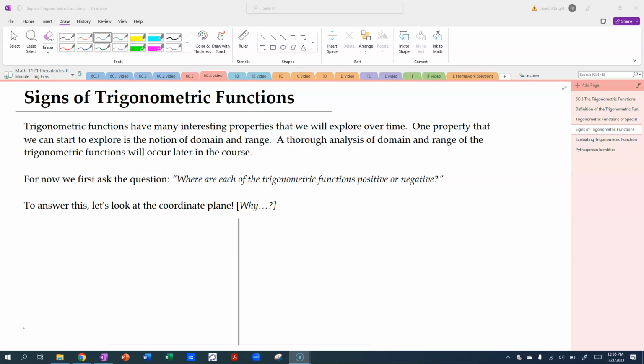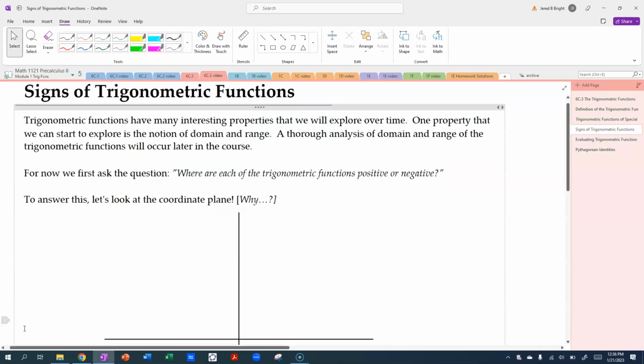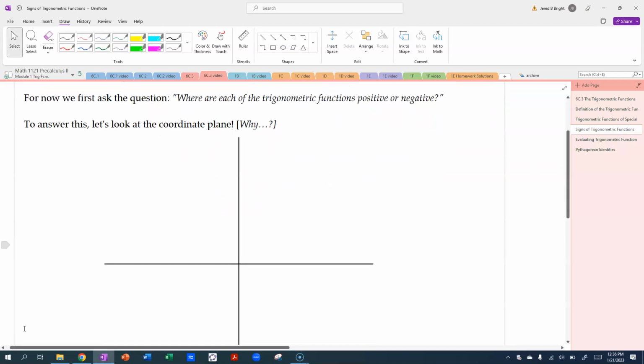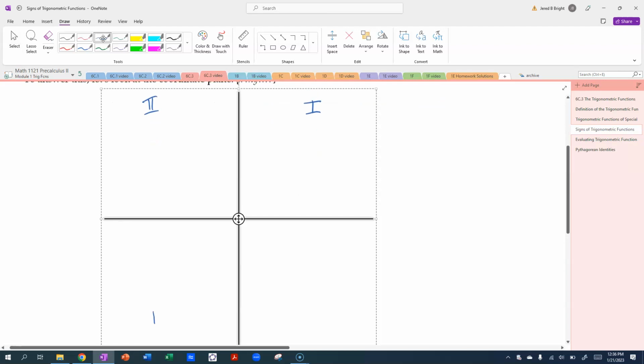And to help us with that, we can turn to the unit circle and also the coordinate plane. So what do we remember about the coordinate plane? This is traditionally called quadrant 1 in the upper right. Upper left is quadrant 2, the third quadrant is in the lower left, and quadrant 4 is in the lower right.